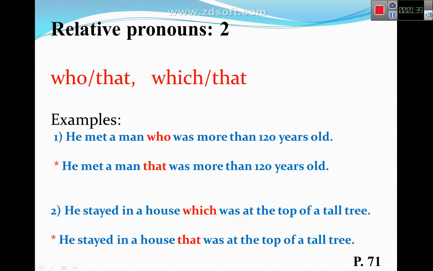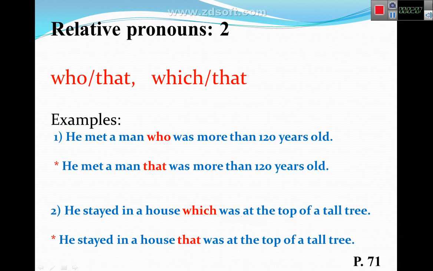Just like these examples. Number 1, he met a man who was more than 120 years old. The same sentence, he met a man that was more than 120 years old. If we see who, replace it with that. The second one, he stayed in a house which was at the top of a tall tree.